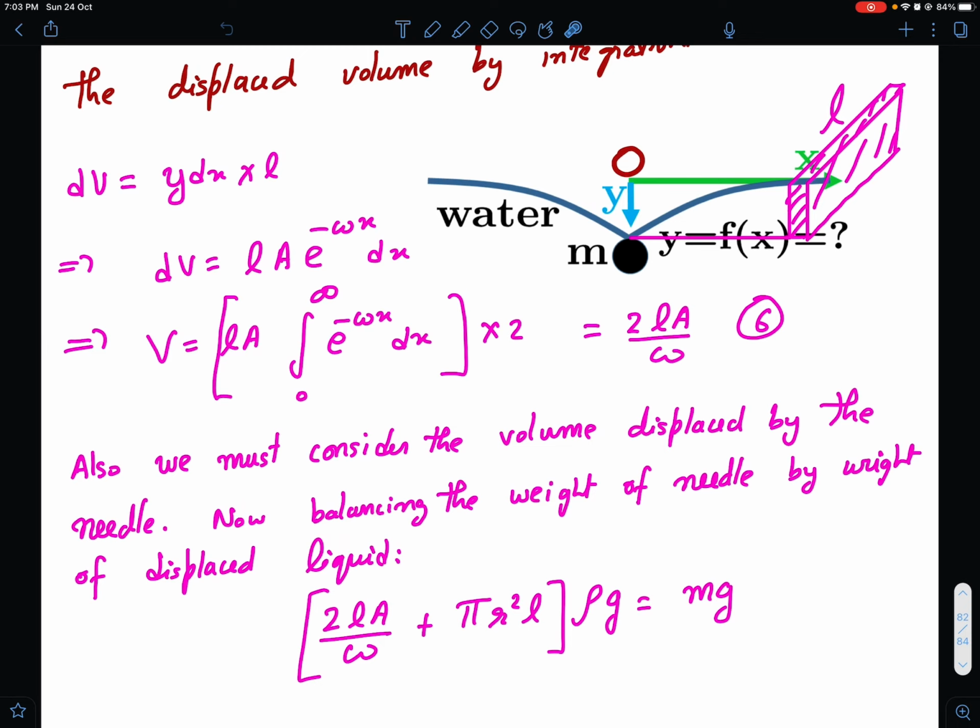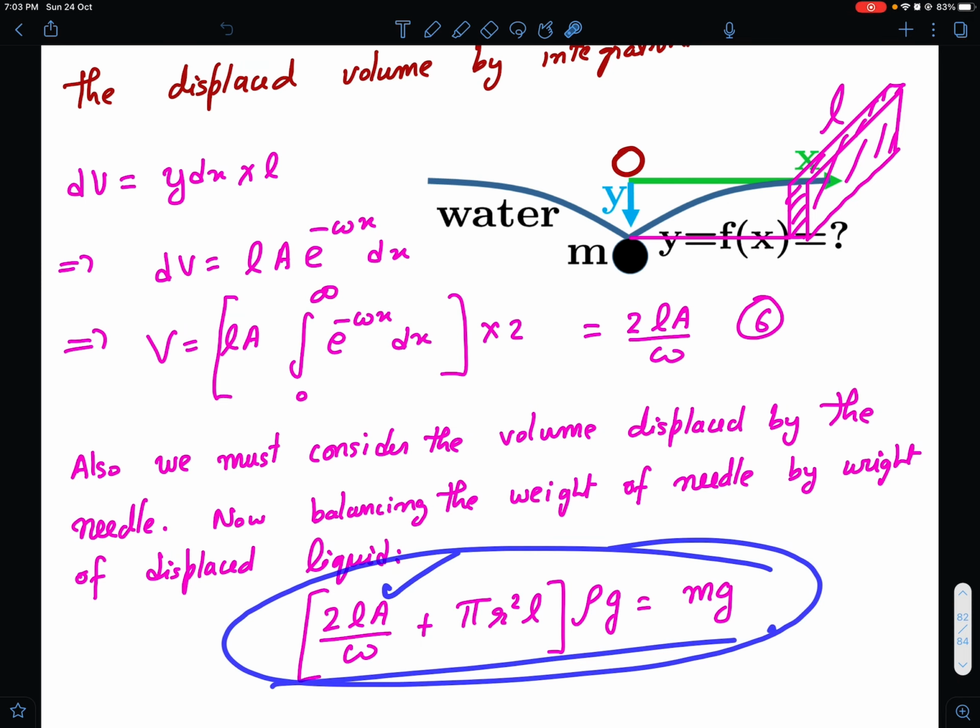So 2La by omega plus pi r square L is the volume displaced, and rho of water into g becomes the weight of the water displaced, and this should be equal to the mg of the needle. Why? Because the layer has got negligible weight, and this air also, if you consider, has negligible weight as compared to the weight of the needle.